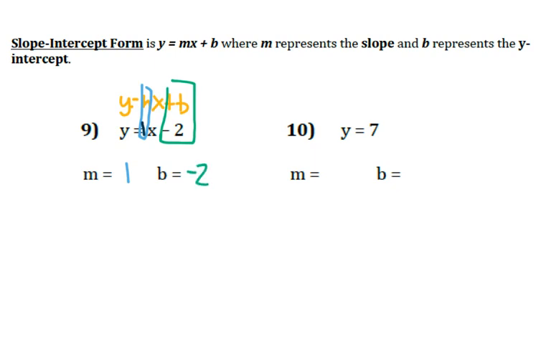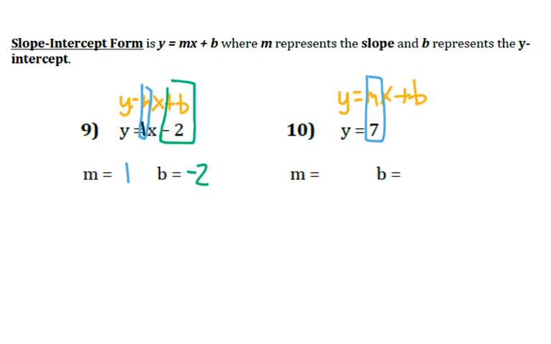Number 10, we can go ahead and do the same thing. So we have y equals mx plus b. Now, if we're not careful, we might do, oh, look, m, 7. So slope is 7. But that's actually incorrect because the 7 does not have an x next to it. It's not the coefficient of x. So what we want to do is write this equation, y equals 7, slightly differently.